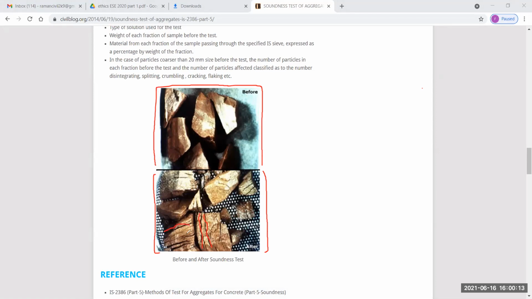So these are the conditions where we see our aggregate will crumble, crack or split due to the use of this chemical. So basically these are the findings of our test.